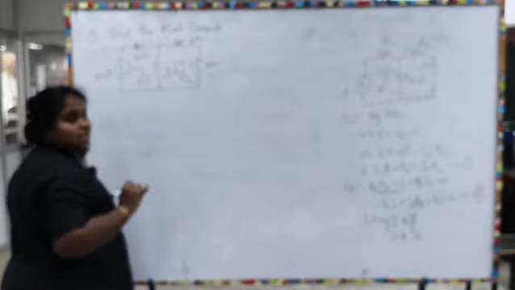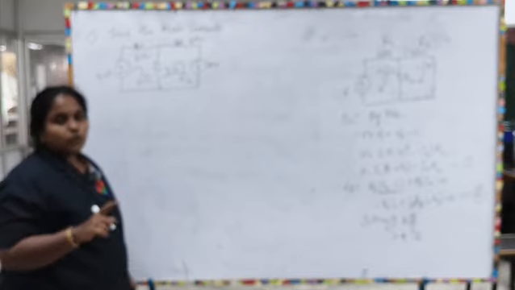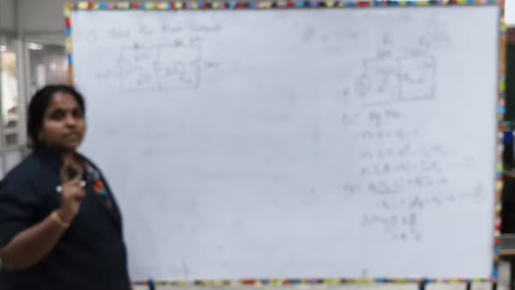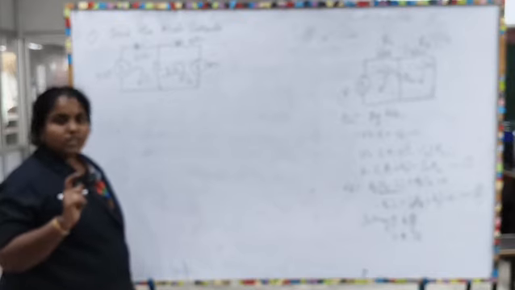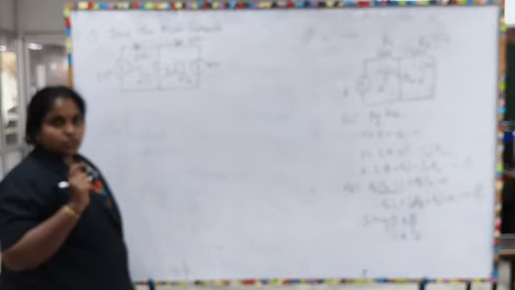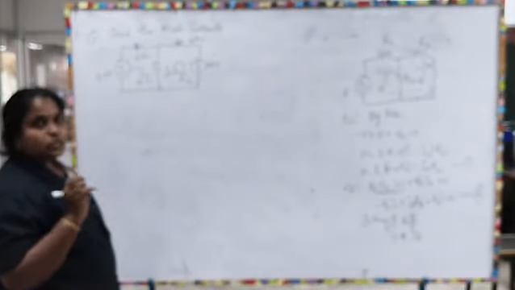So, I1 and I2. While assigning the mesh currents, please make sure that the current direction in both meshes should be the same, if it is not mentioned in the question. The next step is to apply a KVL equation to each mesh.